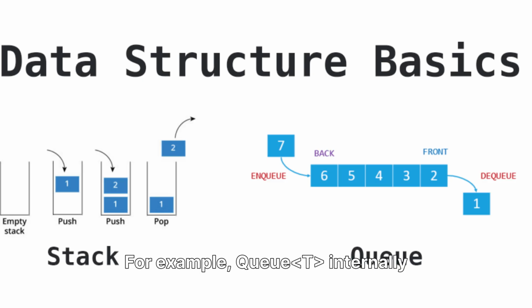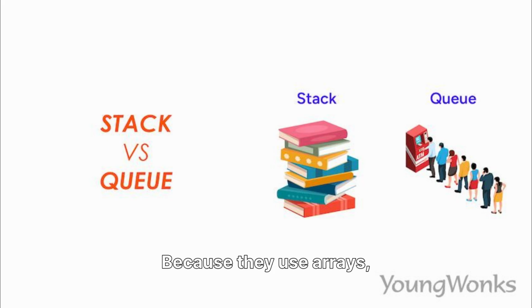For example, Queue<T> internally employs a circular array for storage, allowing efficient operations. Stack<T> typically uses a simple array, managing elements from one end. Because they use arrays, resizing operations can occur when capacity is exceeded. Frequent resizing might introduce a slight performance impact if not managed effectively.